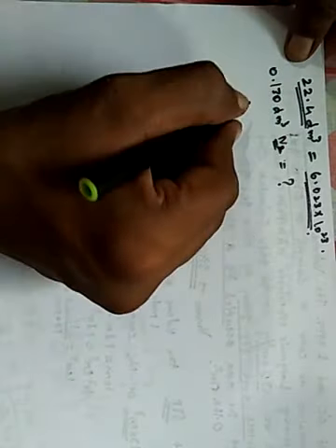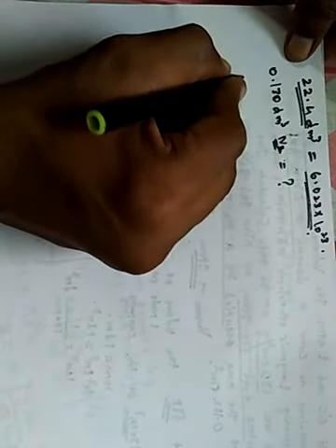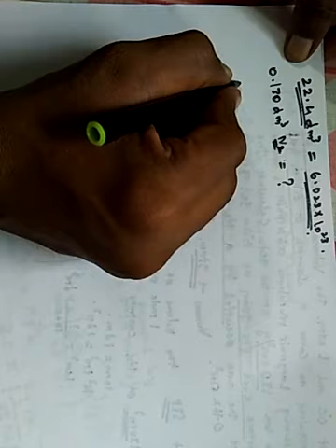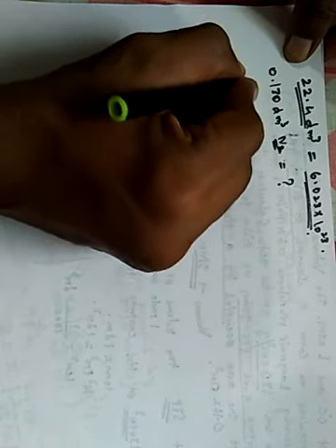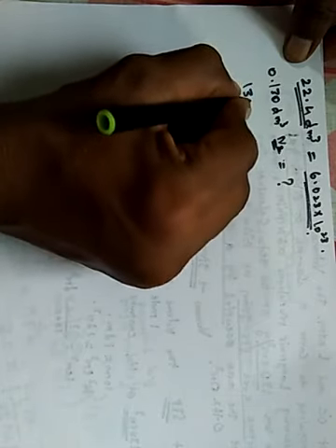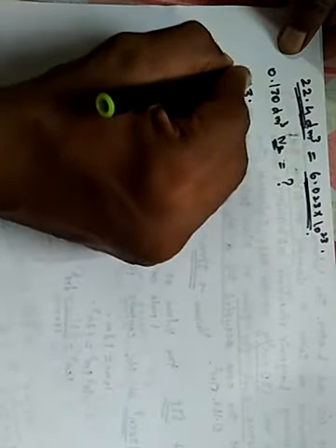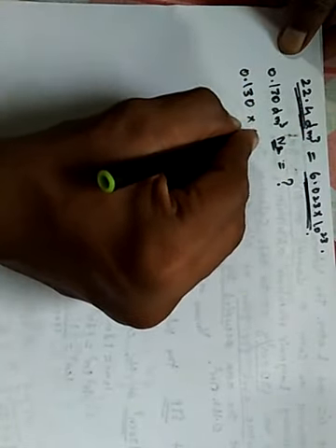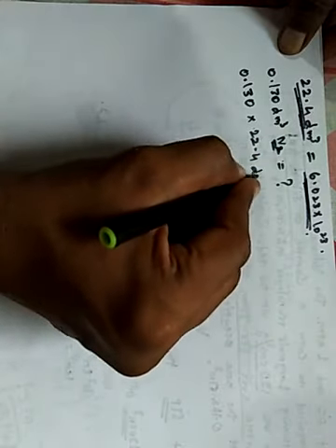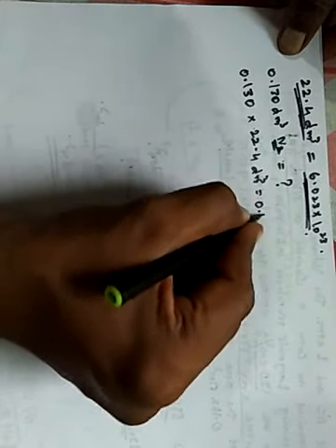So this can be found by just knowing the logic. You just multiply on both sides with 0.130. 22.4 decimeter cube into 0.130 into 6.023 into 10 power 23.